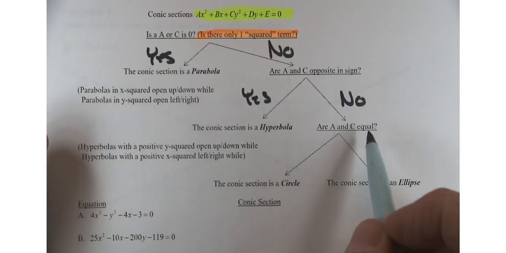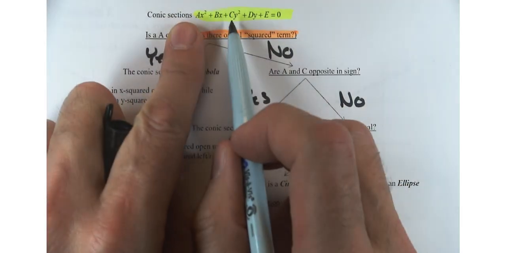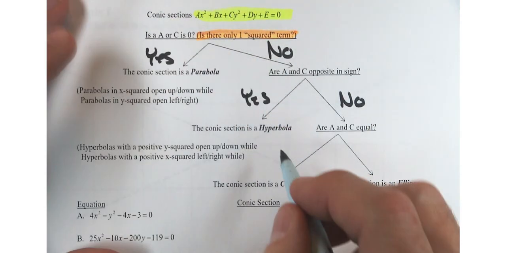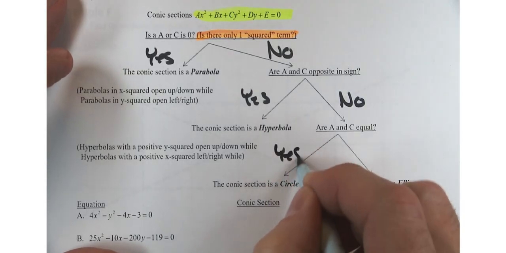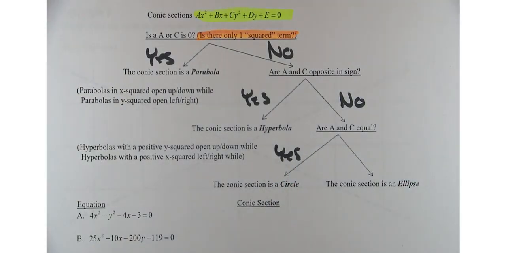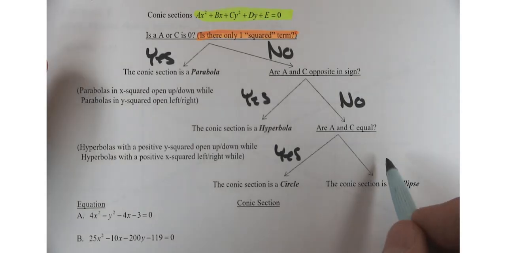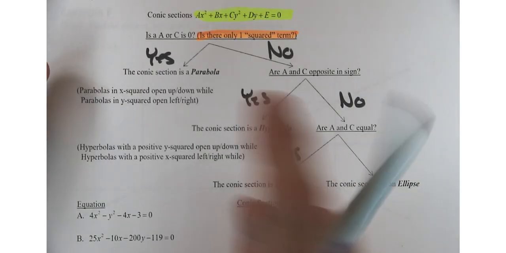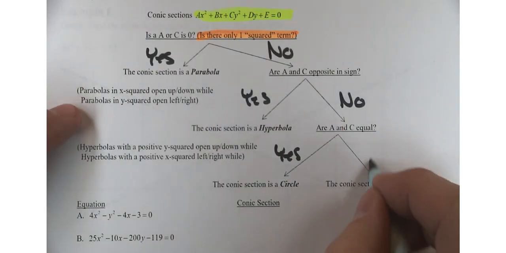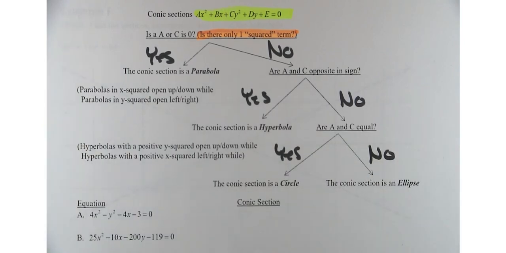Are A and C equal? If A and C are the same value, then you're dealing with a circle. How about over here? Well, if A and C aren't equal and you've branched all the way down here, then you're stuck with an ellipse. So that's how you can work your way down some of these.